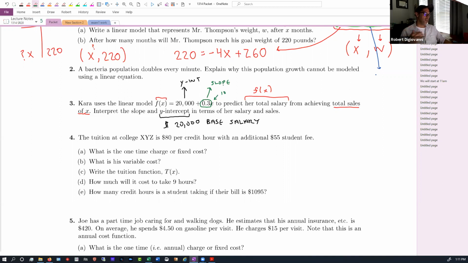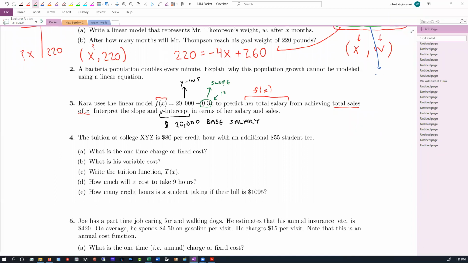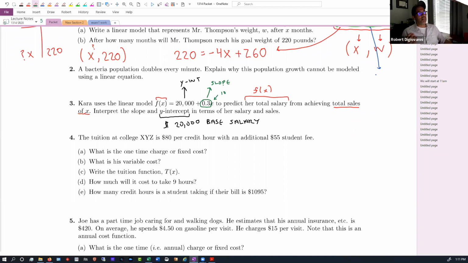What would happen if she sold $100? She wouldn't make 3, she'd make what? 30. 30, right? So that 0.3 is like a percentage, right? She's making an additional percentage. What would 0.3 as a percentage be?